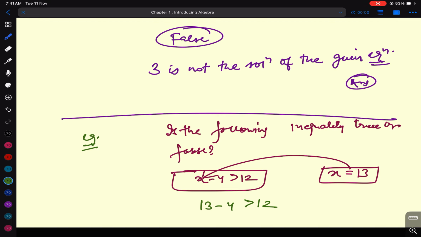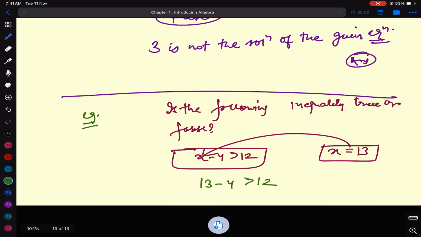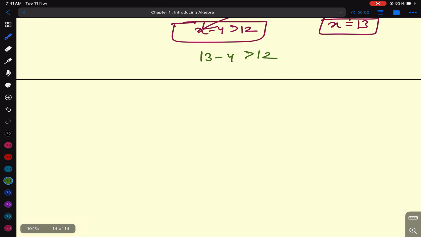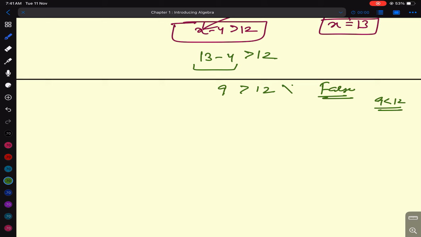Because we are getting 9 on the left and 12 was already on the right, and there is a greater than sign in between them. Correct? So 13 minus 4 is 9, greater than 12. Is that true? No, that is false. That is obviously false. 9 is definitely less than 12.